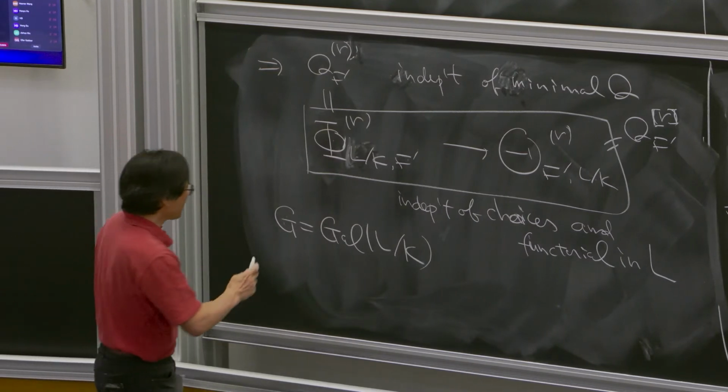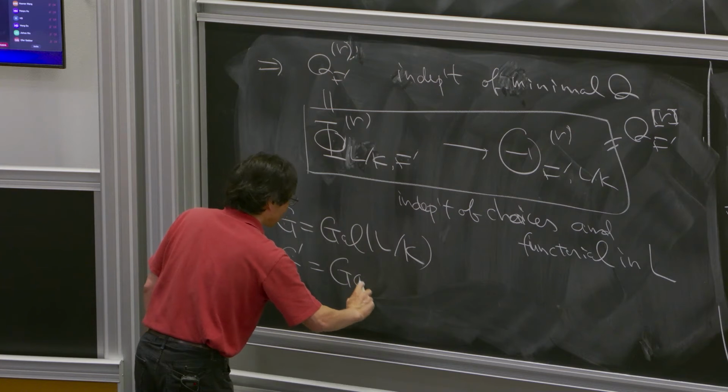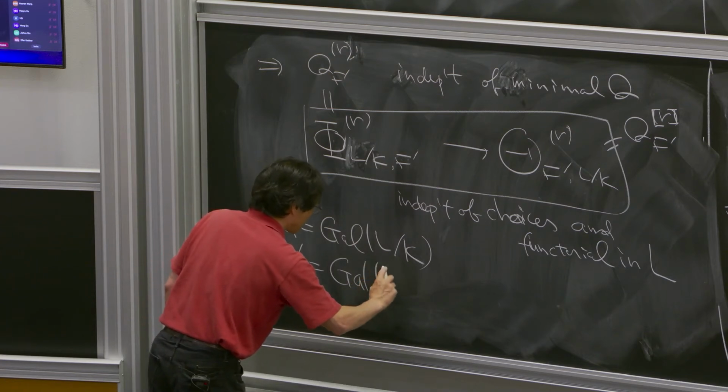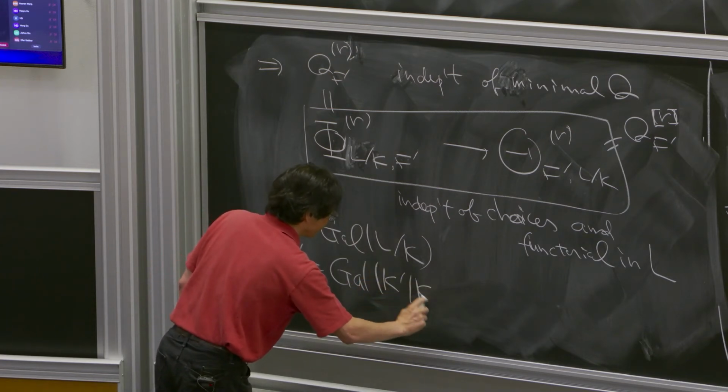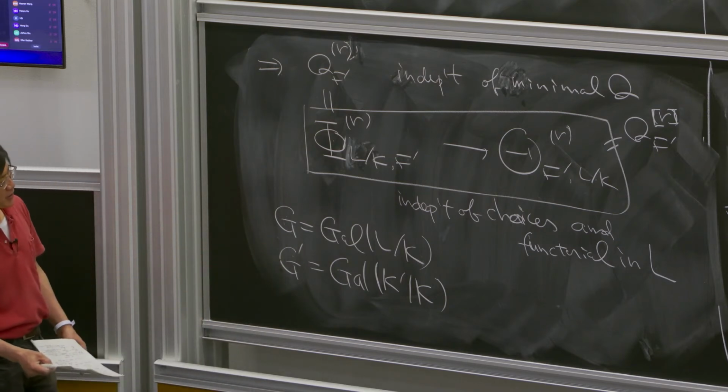And also, we may assume that our K prime is also a Galois extension. And we have also this action.